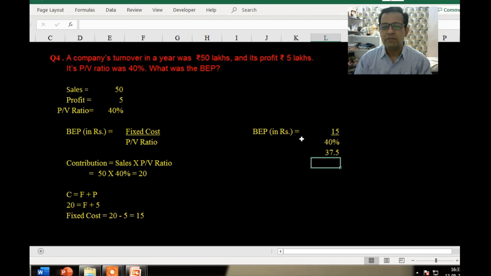We get 37.5 lakh. So we can write here that BEP in rupees is equal to 37,50,000. And that's it, guys. We have got this answer as well.